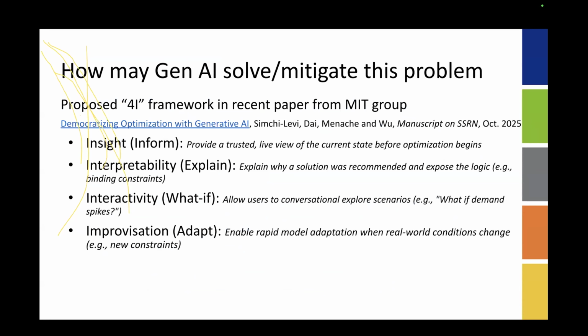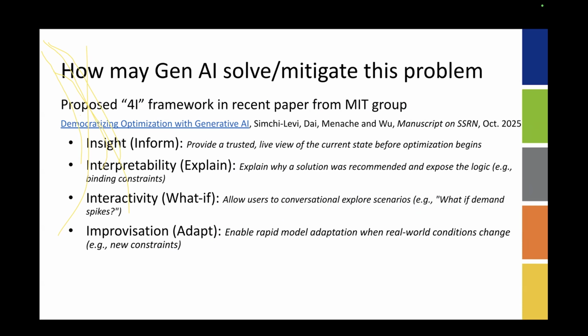Recently there's a paper that argues that Gen AI solves this human-model interface problem very elegantly, and there's great potential. It argues that Gen AI can help on these 4 I goals.